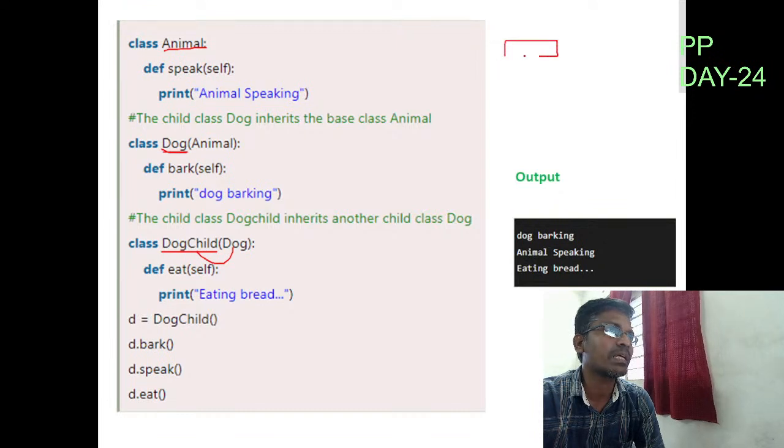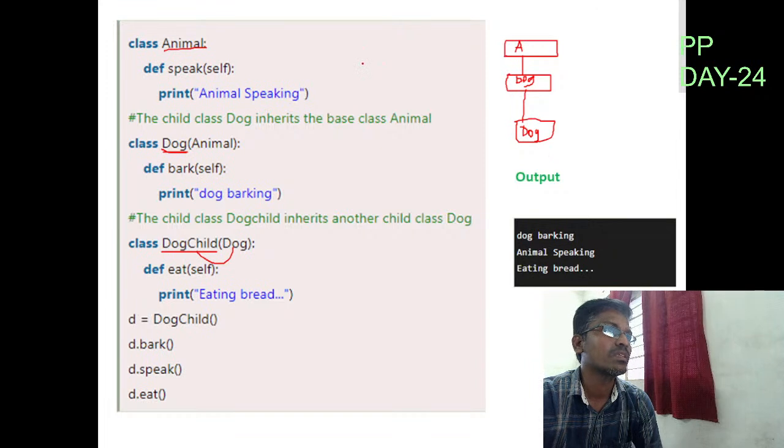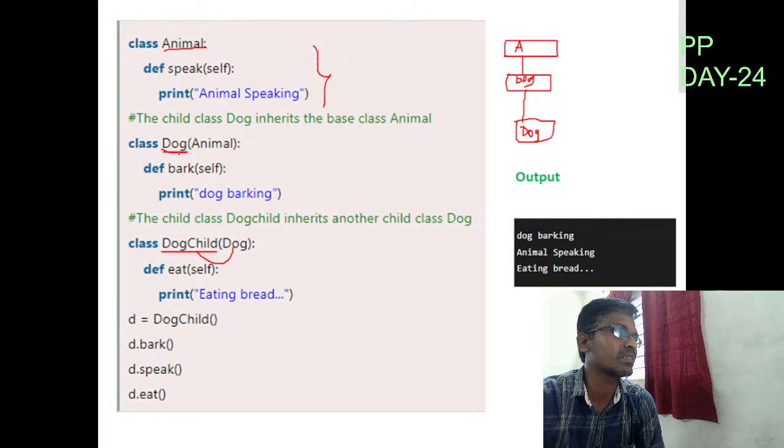So the base class is animal, the subclass is dog, and the next level is dog child. This is the format. This is a base class and this is a derived class. This derived class is derived from the base class animal, and similarly dog child will be derived from dog.